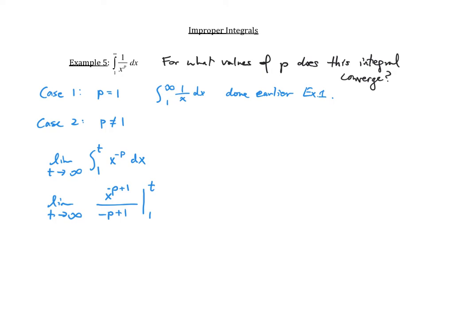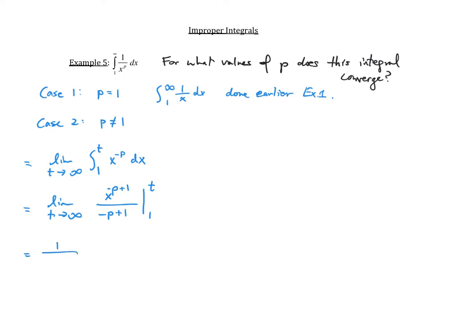Okay. So this number in the denominator, negative p plus 1, is a constant relative to t. So we can factor that entirely out of our integral.